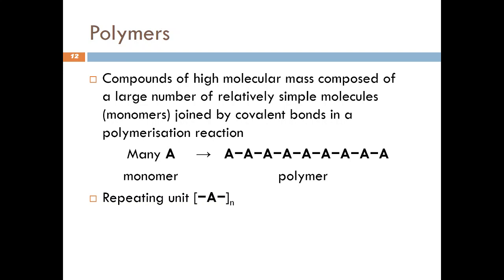That's a convention that you can use for any polymer. If you can identify the monomer unit or repeating unit, just put two lines coming out as bonds and put N next to it.